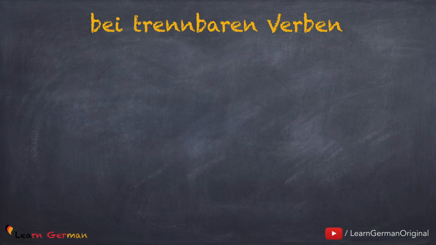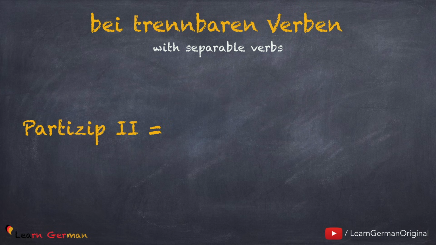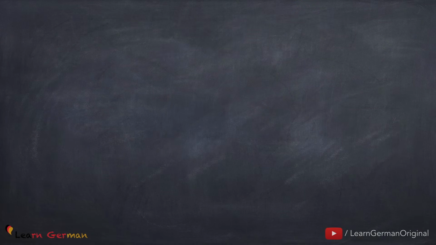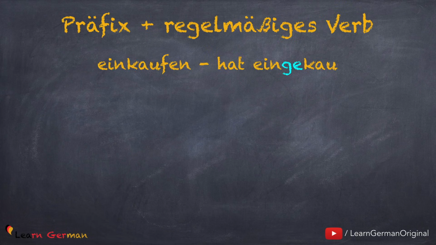The next case is bei trennbaren Verben. Here the Partizip II takes first the prefix of the verb, then the Partizip II of the verb, which could be regelmäßig oder unregelmäßig. Here's an example for prefix and regelmäßiges Verb.